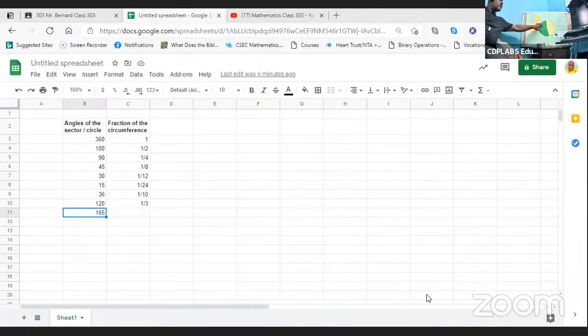So I was saying that each angle, like for example the 90 degrees here, is a fraction of the entire circle, which is 360. So this is also a fraction of the entire circle. So the question is, what fraction of the entire circle is this? It's the same fraction of the circumference.